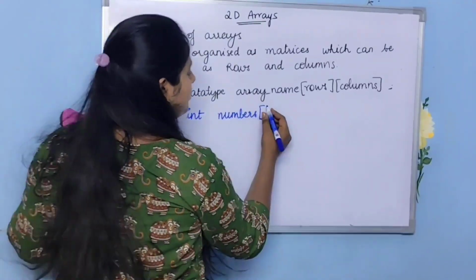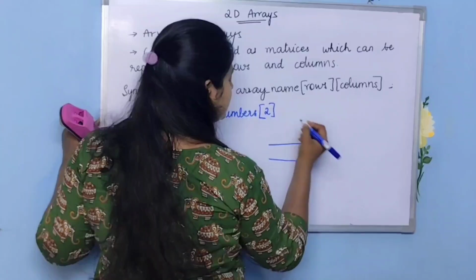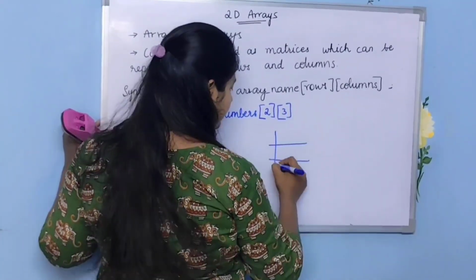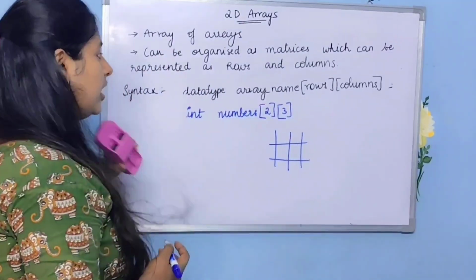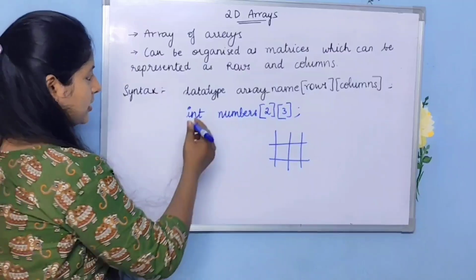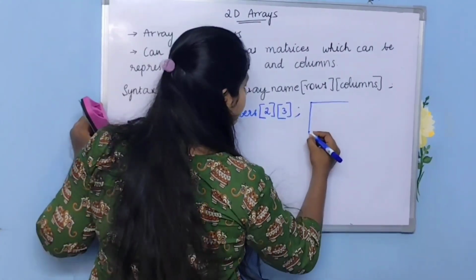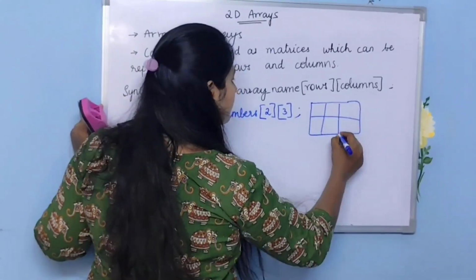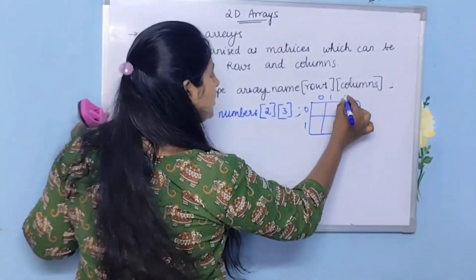I have 2 rows and 3 columns, for example. Okay. So, now how will I be storing elements? How will I represent them? 2 rows, 3 columns.